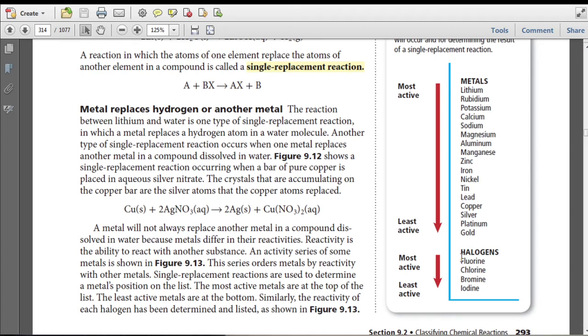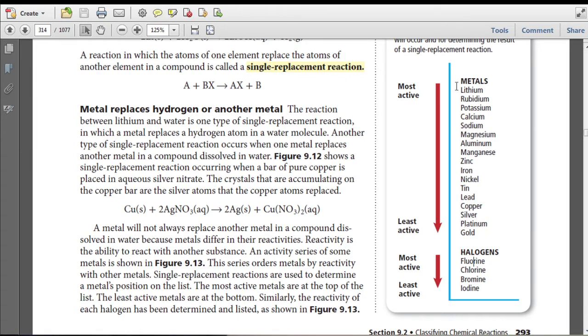There's kind of a rhyme and reason for the halogens, fluorine being the most active, iodine being the least, and it follows down the same family. If we take a look at this, lithium, rubidium, and potassium are the most active metals, whereas silver, platinum, and gold are the least active of the metals.